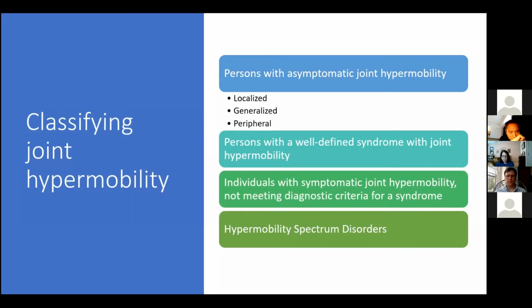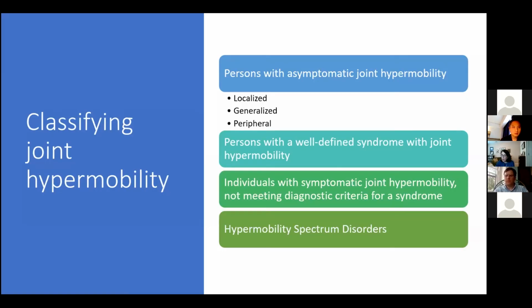So in terms of thinking about classifying patients with joint hypermobility, they came up with this idea that there's a spectrum of hypermobility, which includes people who have asymptomatic joint hypermobility, and that asymptomatic joint hypermobility may be localized in only one or a couple of joints.